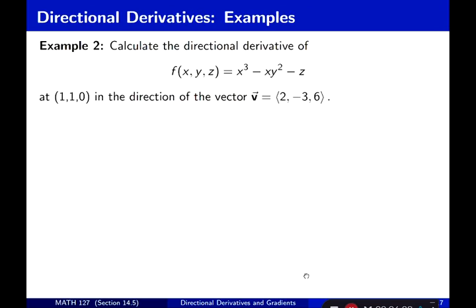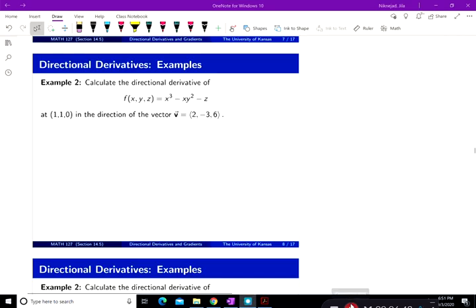Example 2. Calculate the directional derivative of a function f of x, y and z equal to x cubed minus xy squared minus z at point (1, 1, 0) in the direction of the vector v equal to (2, -3, 6).